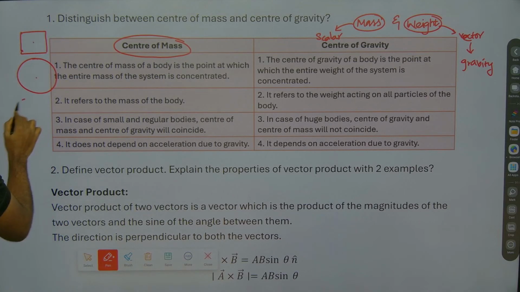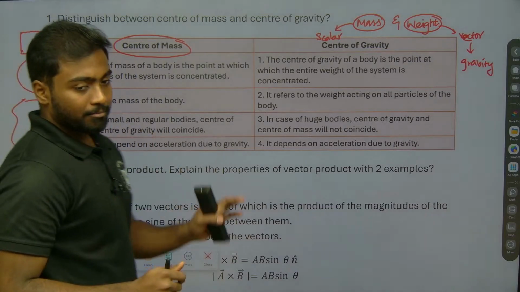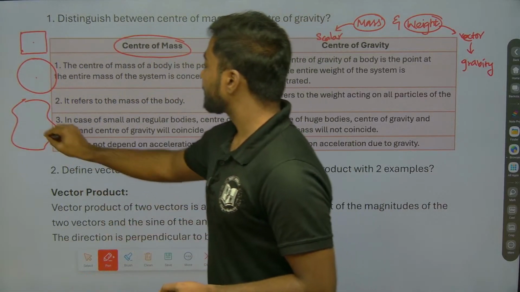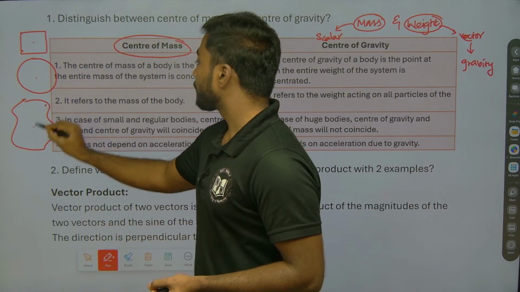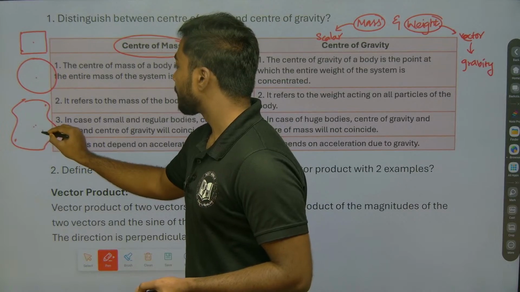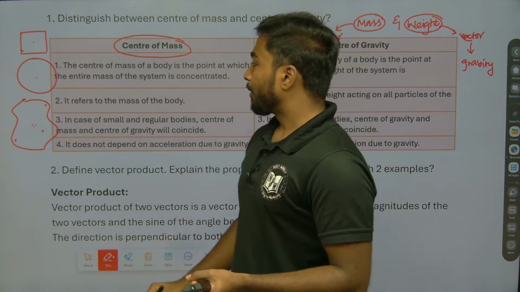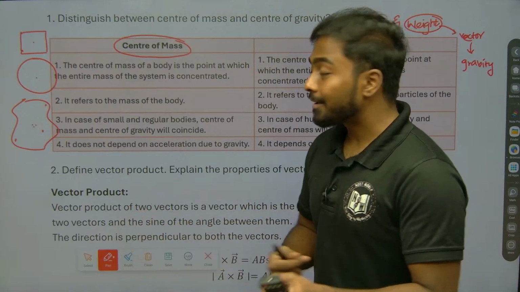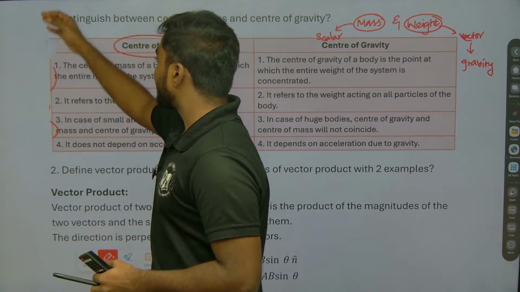When I talk about some irregular shaped body, I can't say the center will be the center of mass. It can be anywhere, this point or this point or the center, depending upon where the entire mass lies. That's the first point in center of mass.